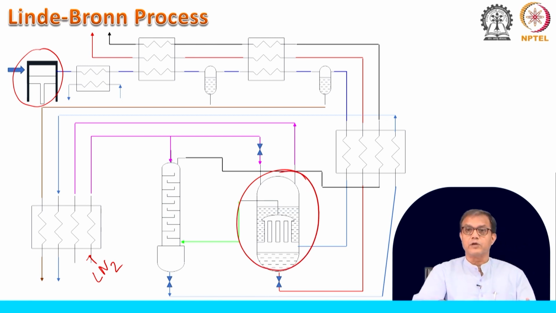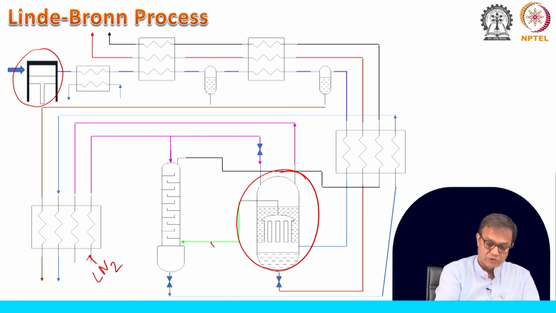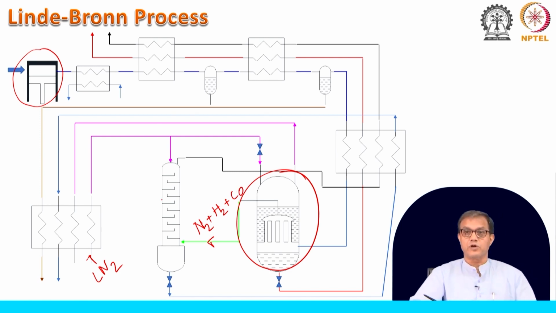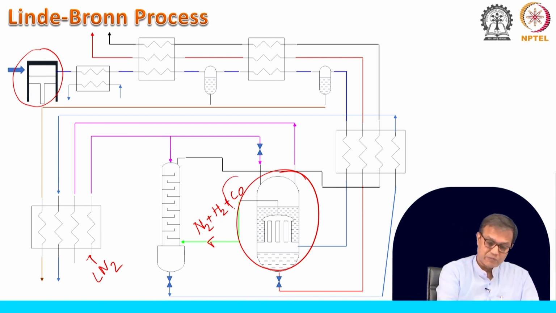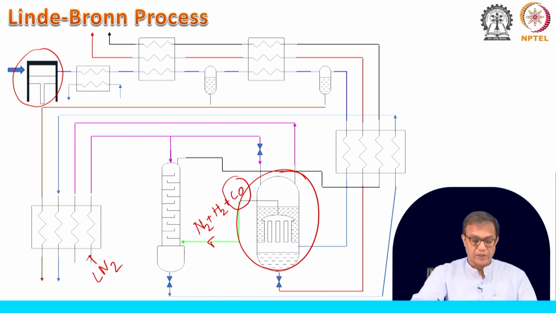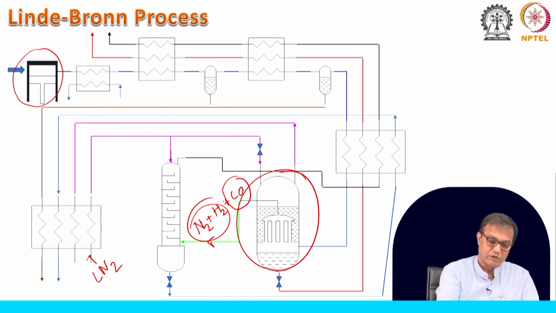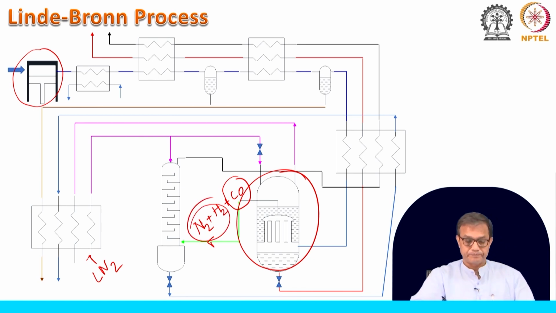Of course, we had to separate out the nitrogen and ammonia, and the CO mixture was there, and from there we used a CO scrubber because it had some amount of CO present, and finally we got this nitrogen and hydrogen mixture. So, it was quite an elaborate process.